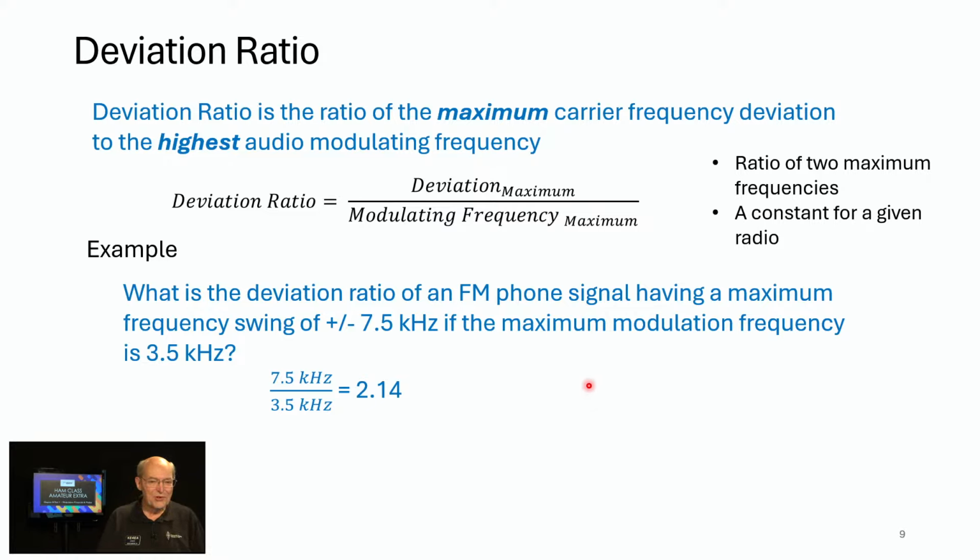It's the same trick that applies here. It's always the bigger number divided by the smaller number, the way that they work these out. I think there's two pool questions like this. So 7.5 kilohertz divided by 3.5 is 2.14. I won't bother to demonstrate that on the calculator. I think that's hopefully pretty obvious.